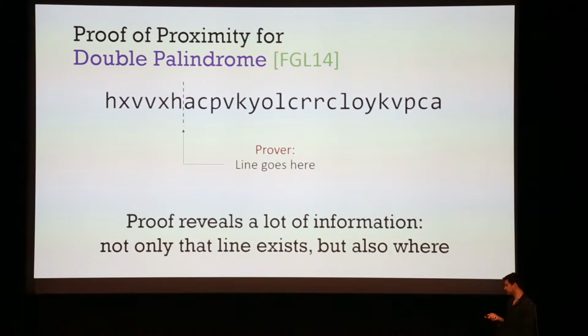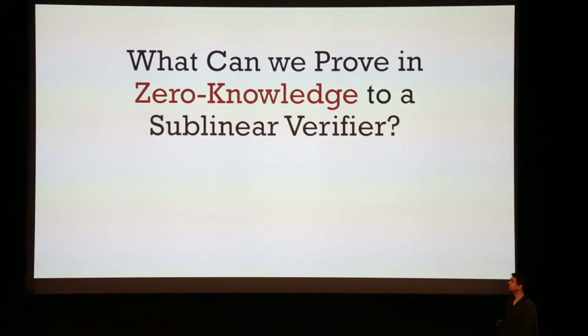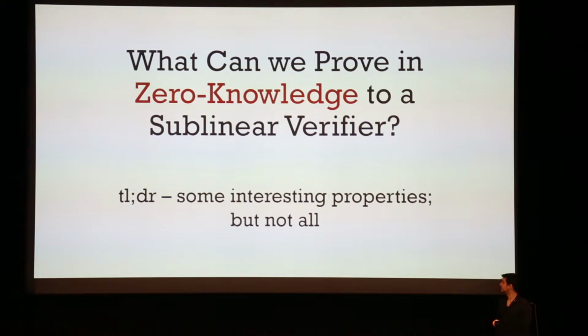So this proof reveals a lot of information, which leads us to the question we're dealing with: what can we prove in zero knowledge to a sublinear time verifier? The too long didn't read answer is: some interesting properties, but not all. So this is the takeaway.